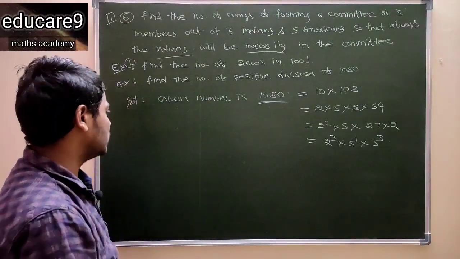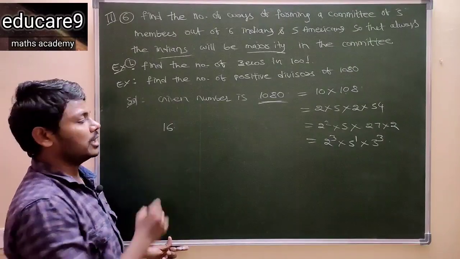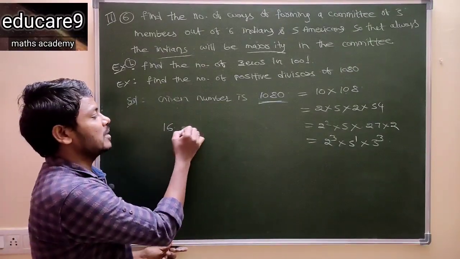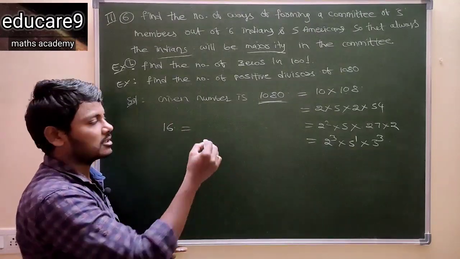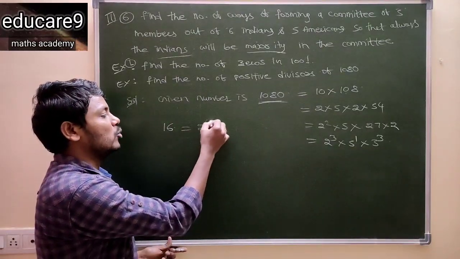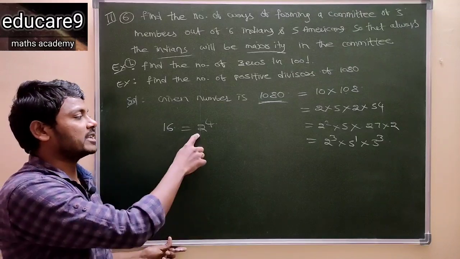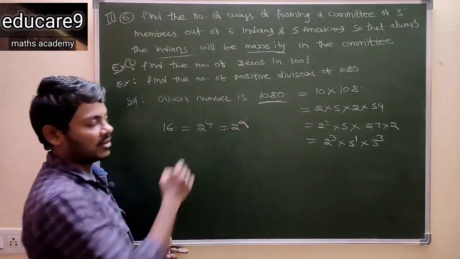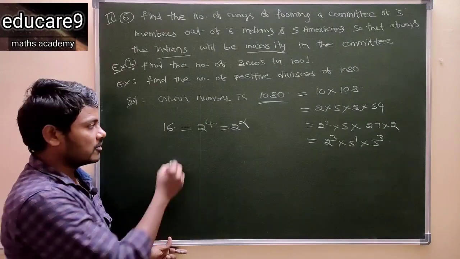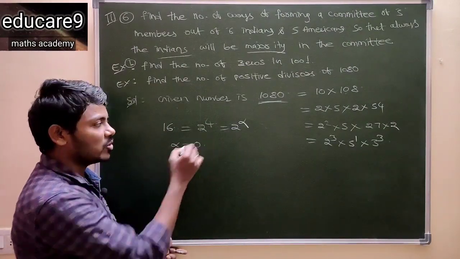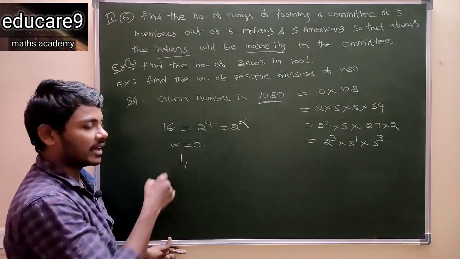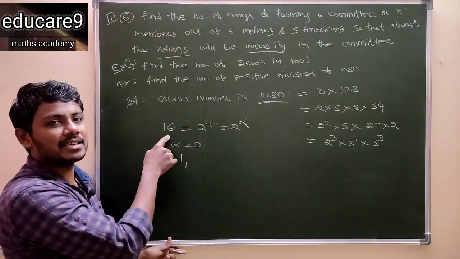See here, for example, you need to find the number of positive divisors of 16. This can be written as a product of prime factors. Only 2 is the prime factor, so it can be written as 2 power 4. For example, this is 2 power alpha. If alpha is equal to 0, then 2 power 0 gives 1, so 1 is a divisor of 16.